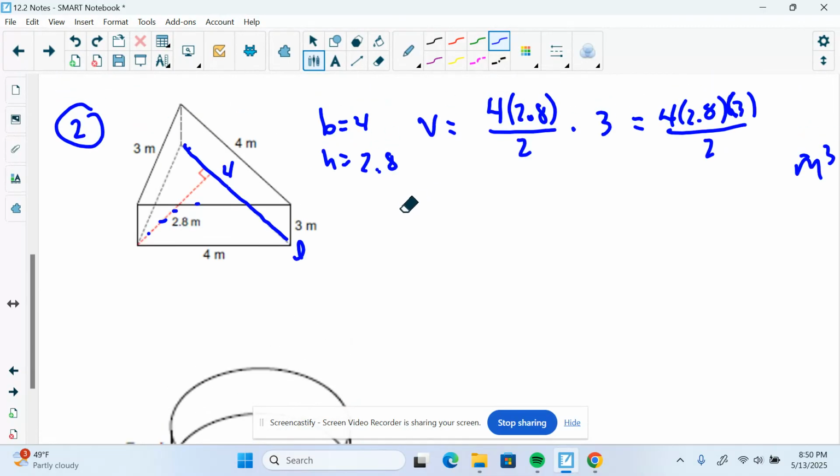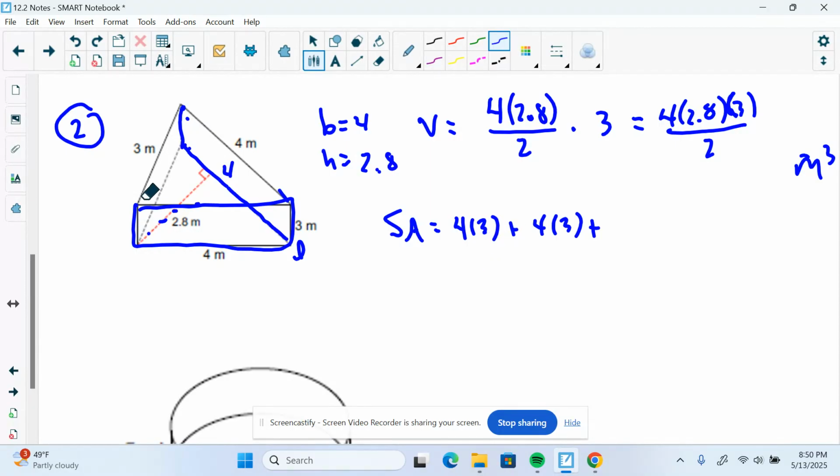Surface area for this one. Surface area is going to be, let's see, I have a rectangular face right there. That's going to be 4 times 3. I'm going to have another 4 times 3, which is right there. And then I'm going to have a 3 times 3 over here.